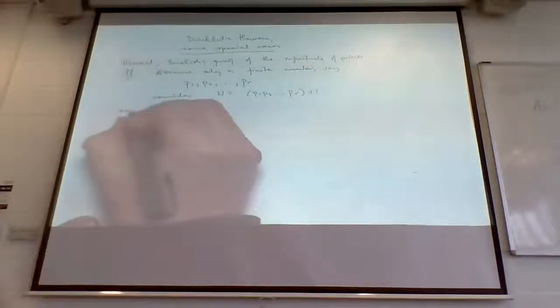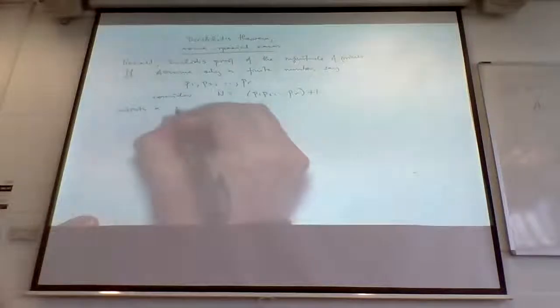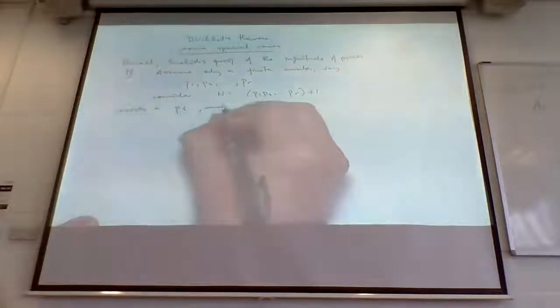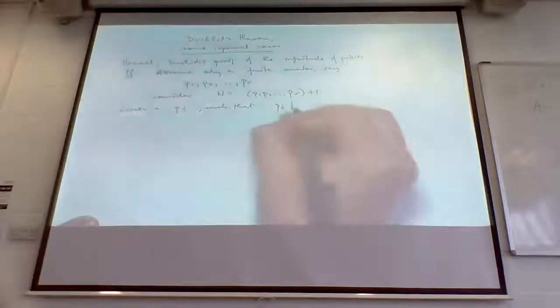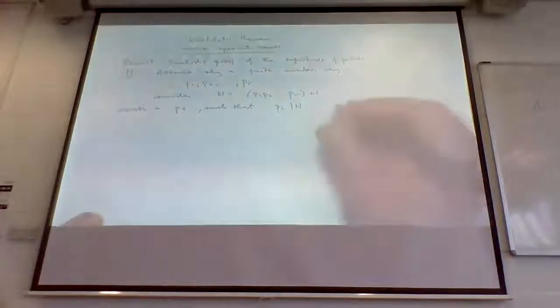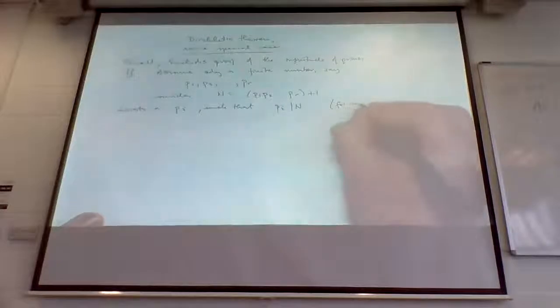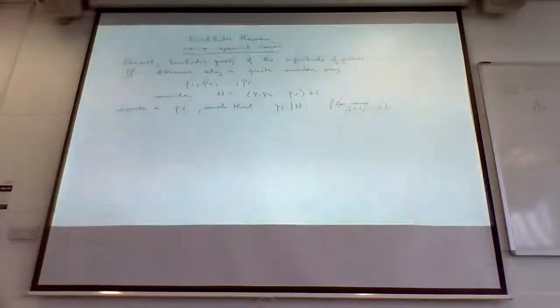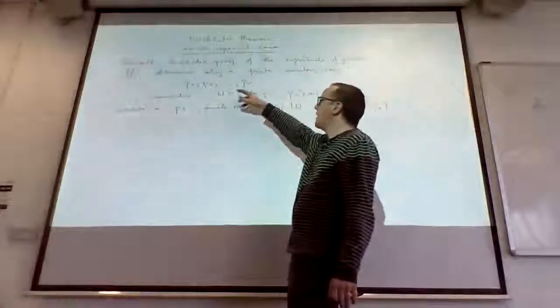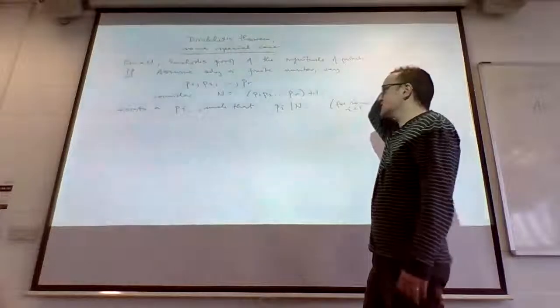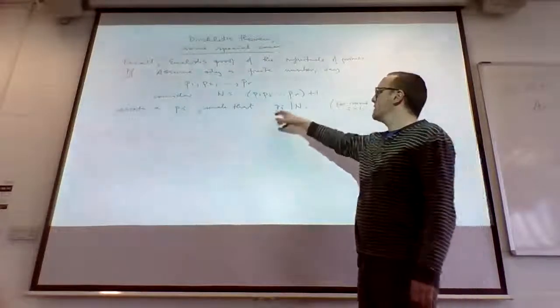So there exists pi, one of these primes here, such that pi divides n. This is for some i in the range 1 to r, because we've assumed that there are only a finite number of primes. Every number is made up of primes.